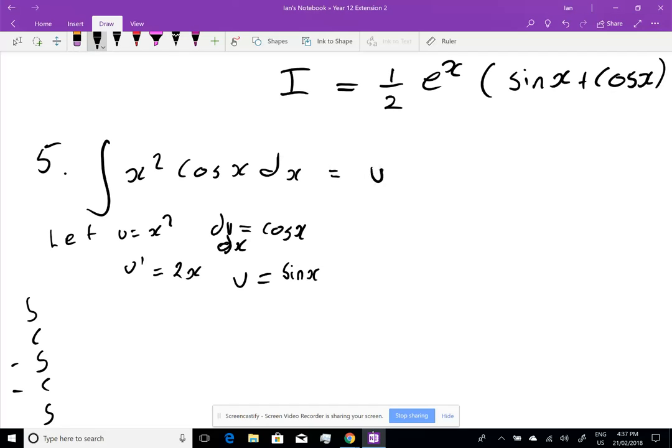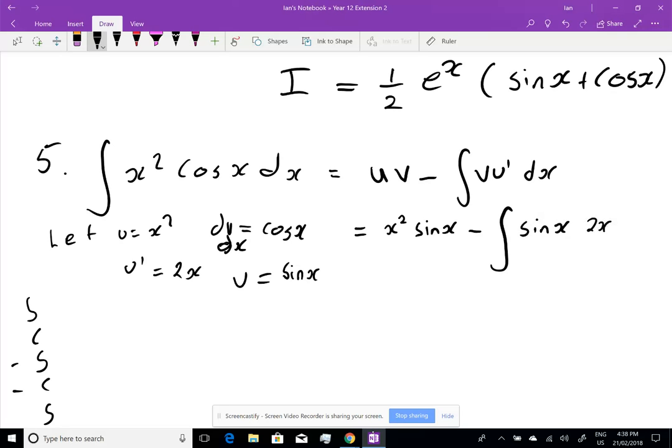So, write it, uv minus the integral of v u dash dx, which equals, well, u is x squared, so x squared sine x minus v, sine x, times u dash, 2x dx.